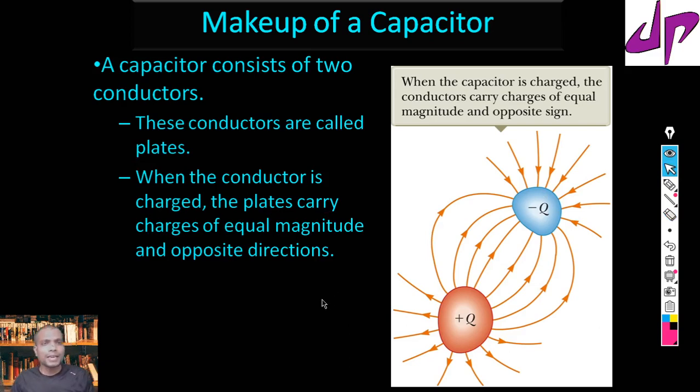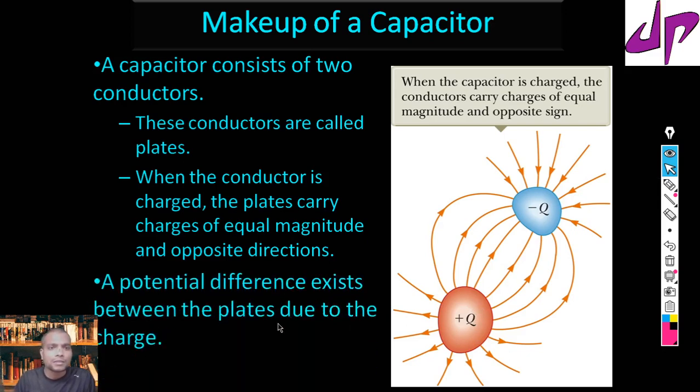Now to construct a capacitor we need two conducting plates, and those plates should be charged, just as shown here. After that, a potential difference exists between the plates due to the charge.